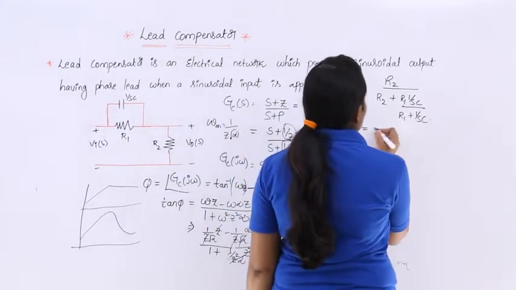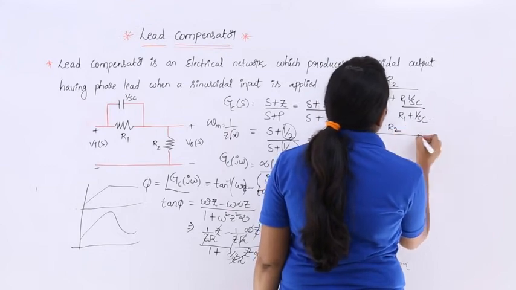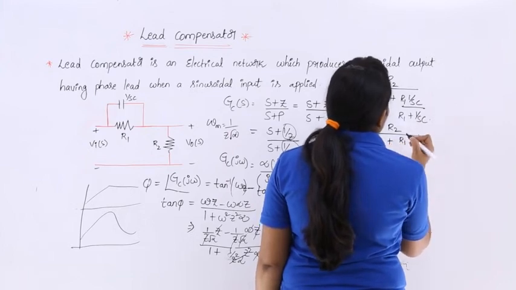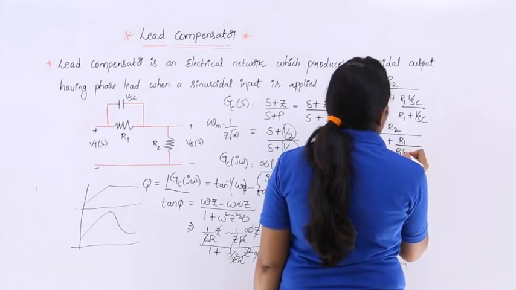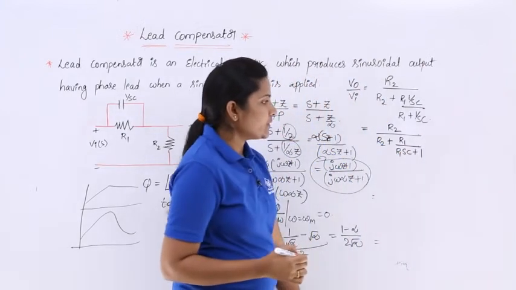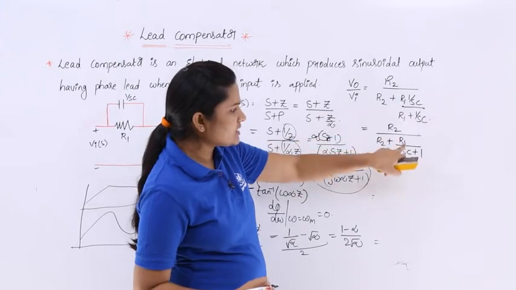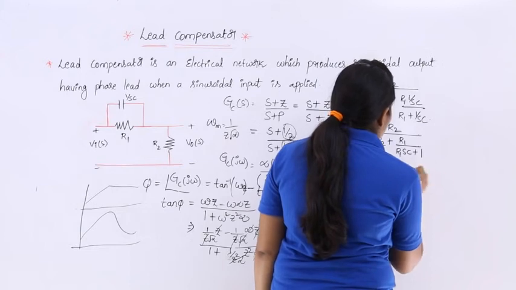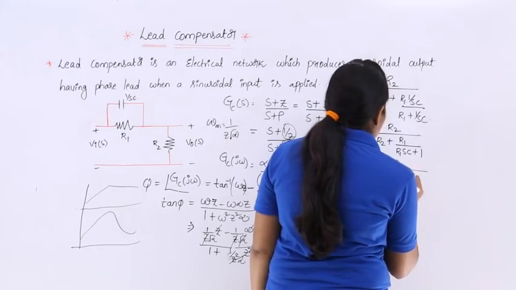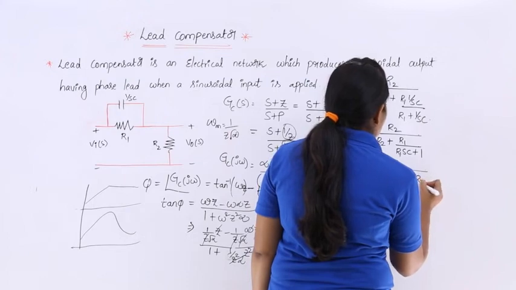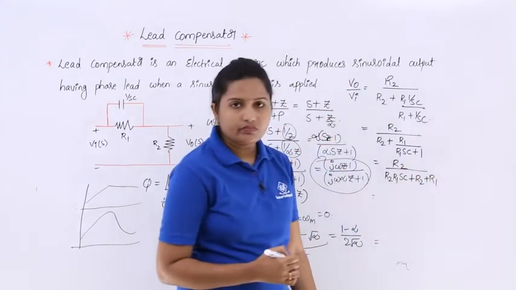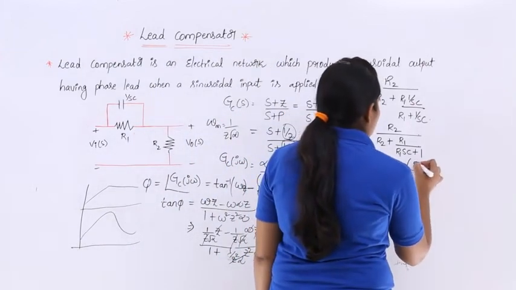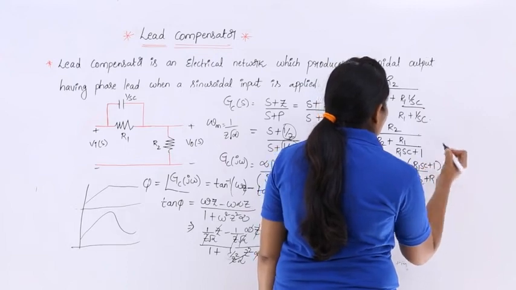I am simplifying this transfer function. R2 divided by R2 plus R1 divided by R1 SC plus 1. Cross multiplying and cancelling, we get R2 divided by R2 R1 SC plus R2 plus R1, with the denominator R1 SC plus 1.